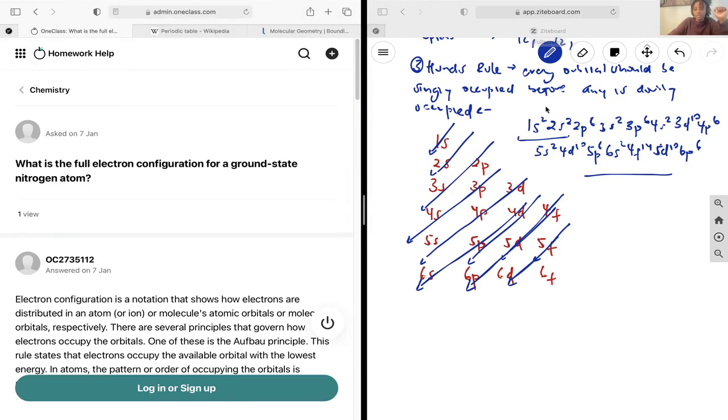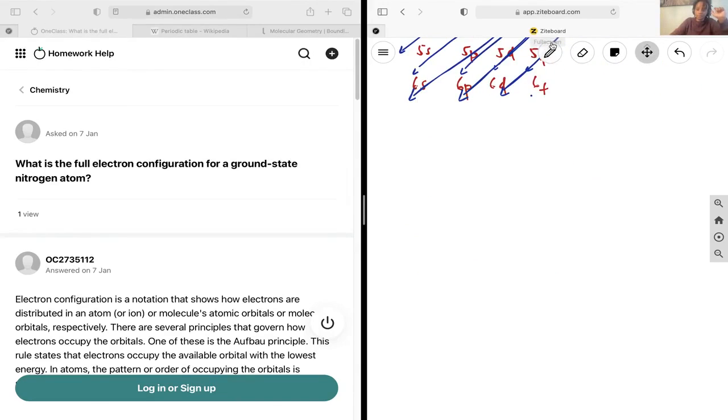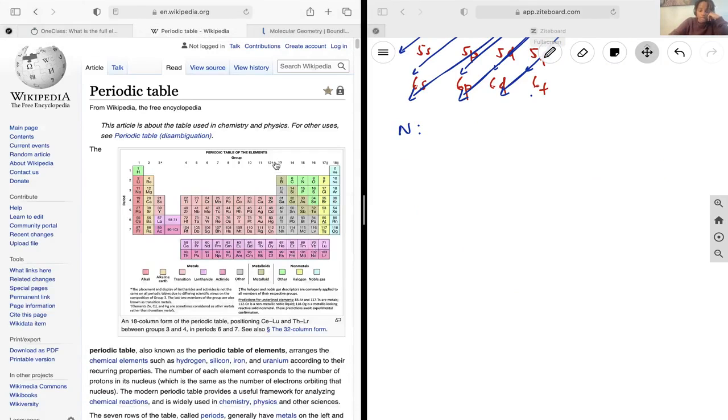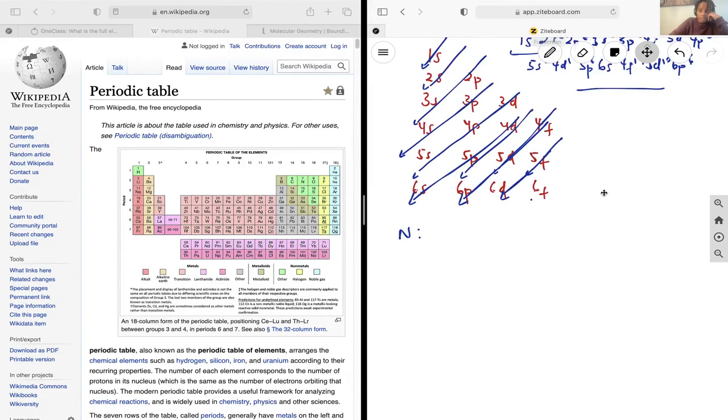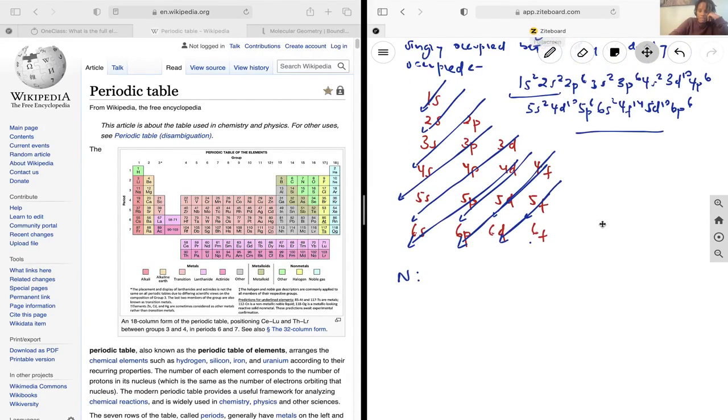Now let's figure out the electron configuration for nitrogen specifically. We're looking for nitrogen. If we look at the periodic table, we can see that it has 7 electrons. If we follow Madelung's rule, we just count until we have 7 electrons.